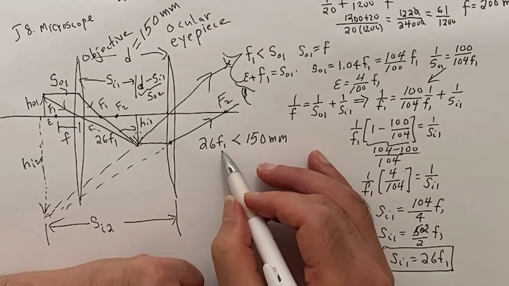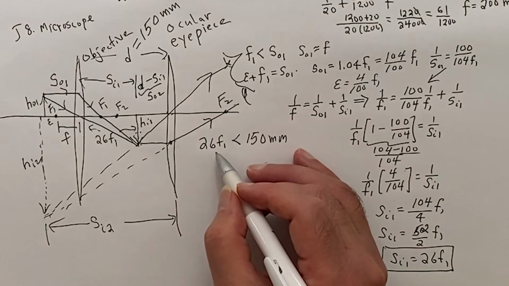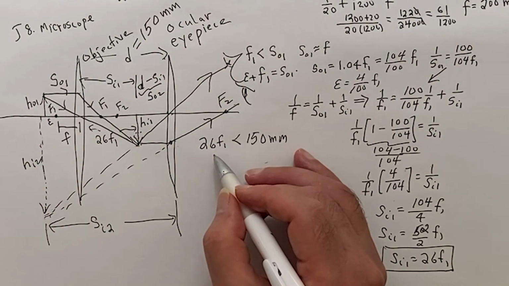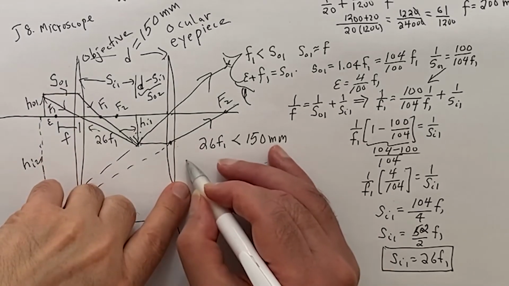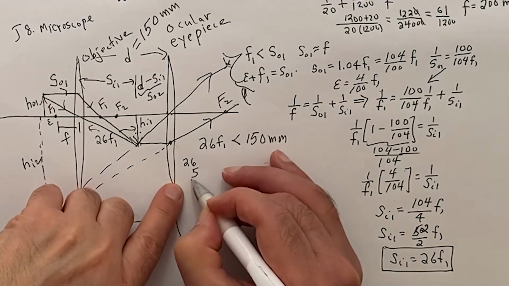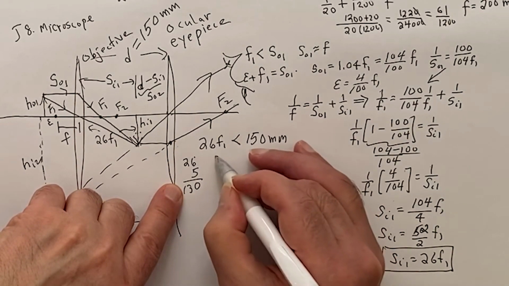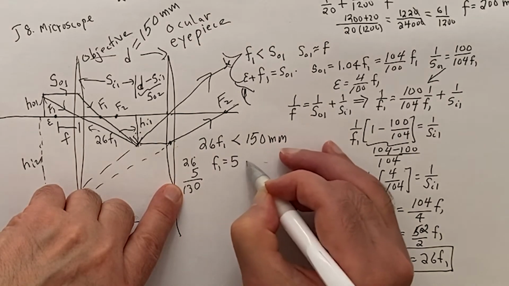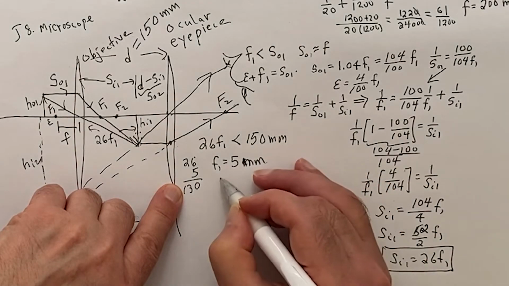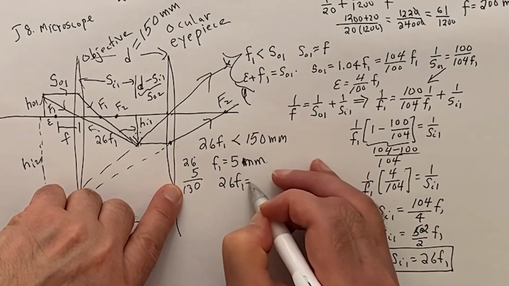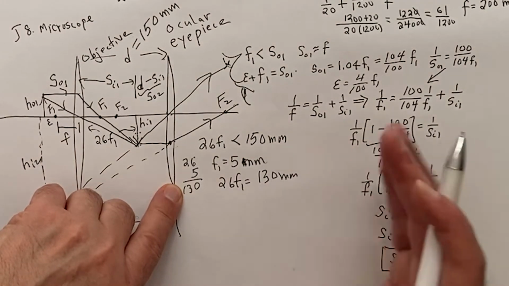So if I pick, say, F1 to be 5 millimeters, it's a small focal length, then 26 of them will be 130, and it fits the engineering spec.